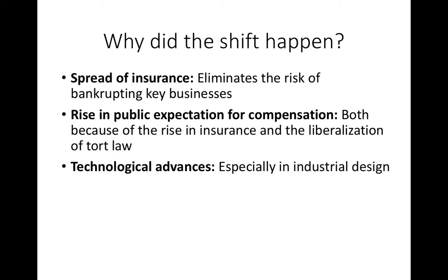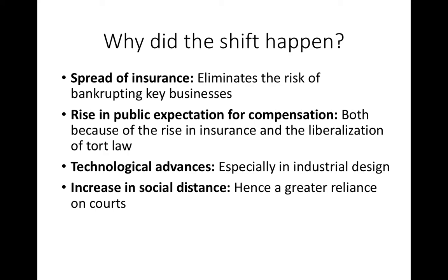Also, technological advances have changed, and workplaces are now safer. Products are industrially designed in a safer fashion. And there's also been an increase in what we call social distance. It's this idea that people are more separate from one another than ever before.